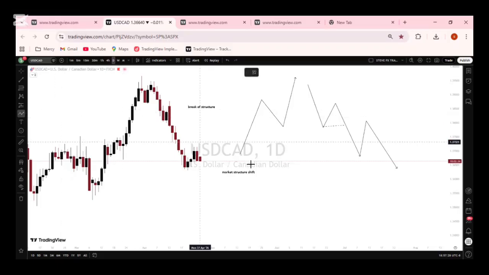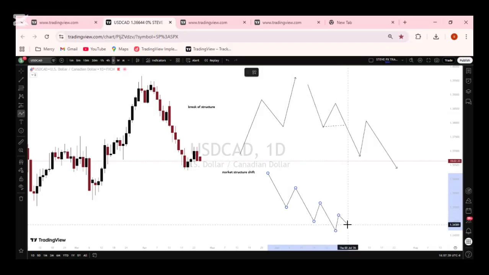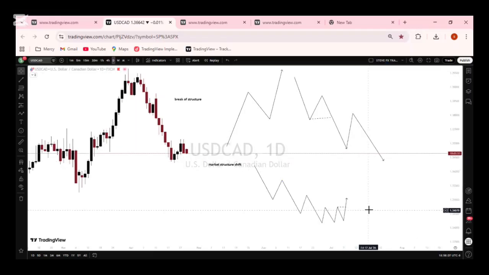So if we have a bearish market that is going downwards, and at a certain point we are not seeing a clear direction, or the market is unable to break the previous low, but then we see a break of the previous high, this gives us a clue that the direction of the market may want to change.